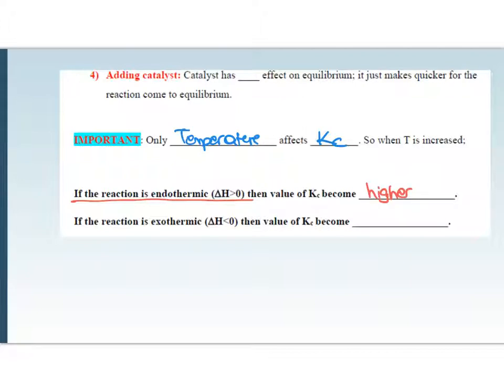But if the temperature again is increased and the reaction is exothermic, then the value of Kc becomes smaller. So this is very, very, very important. So what about adding catalysts? A catalyst has no effect on equilibrium. It just makes it quicker for the reaction to come to equilibrium.